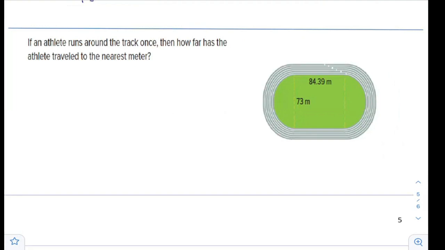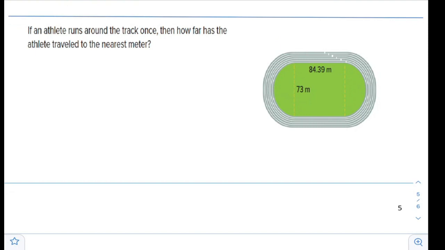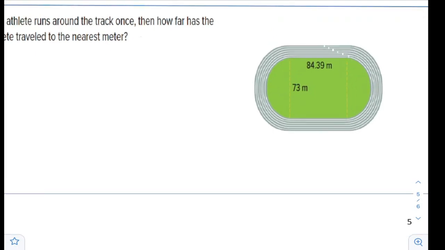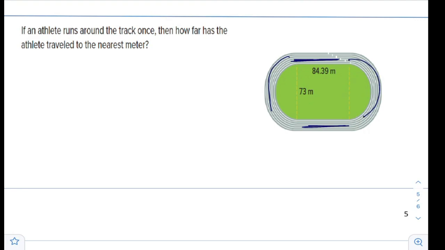Now, if an athlete runs around the track here once, then how far has the athlete traveled to the nearest tenth? As you see here, it's very clear that we need to find the total perimeter. The total perimeter includes this length, and the semicircle here, and the semicircle there.